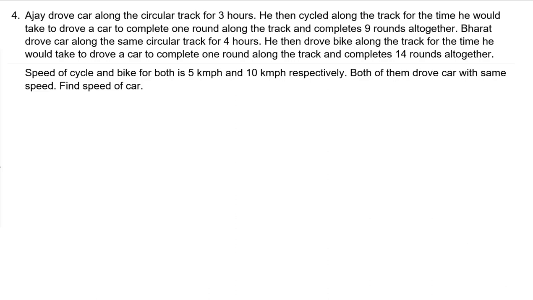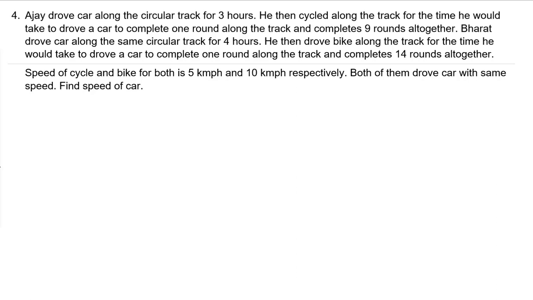Question number 4. Let's read it carefully. Ajay drove a car along the circular track for 3 hours. Then he cycled along the track for the time he would take to drive the car to complete 1 round along the track, and completes 9 rounds altogether.